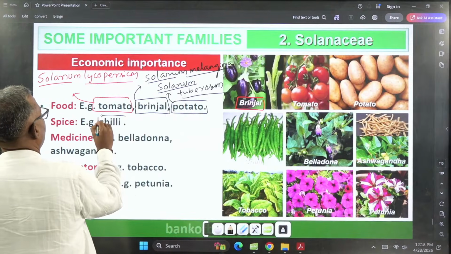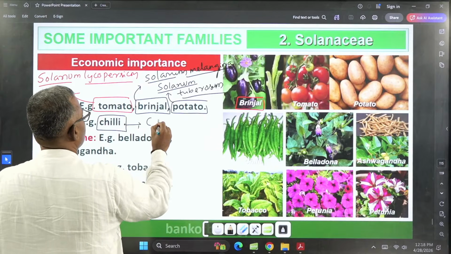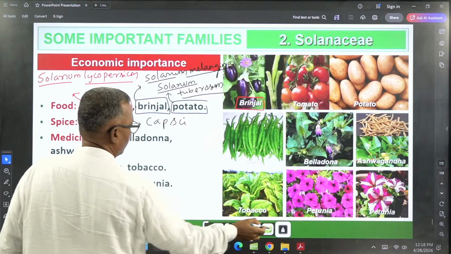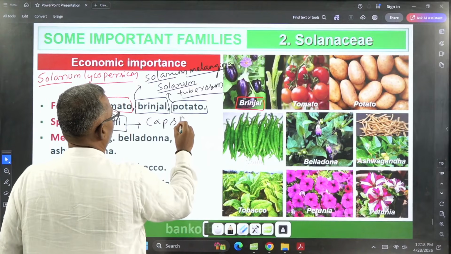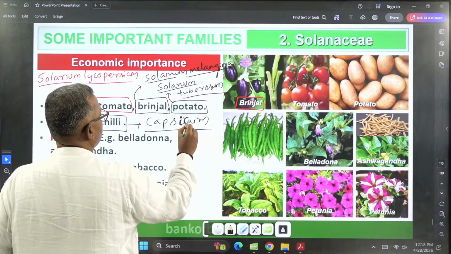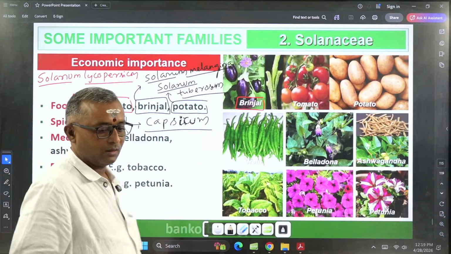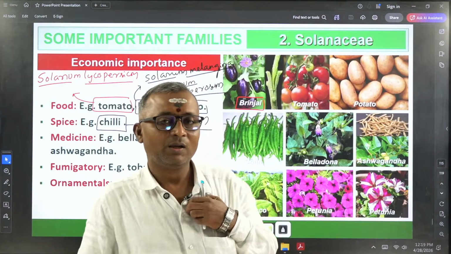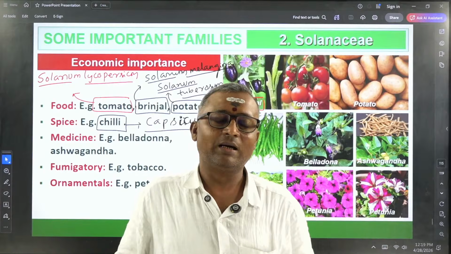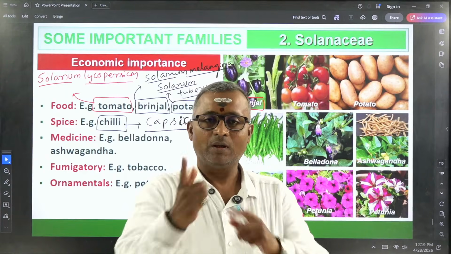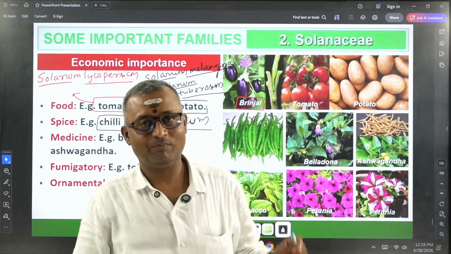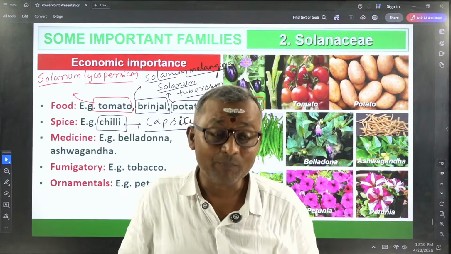So the scientific name of chili is Capsicum. There are different species in Capsicum. The one we use for our cooking purpose, as a source of spice, the long chili, is Capsicum annuum.